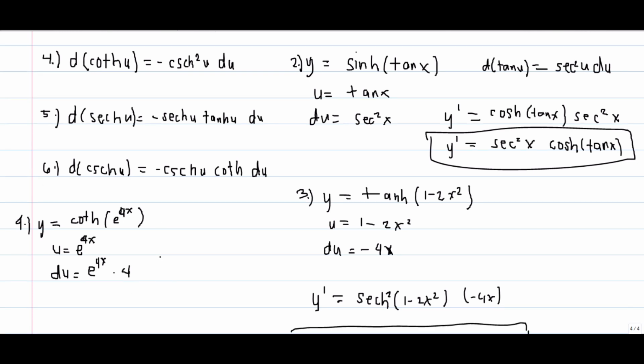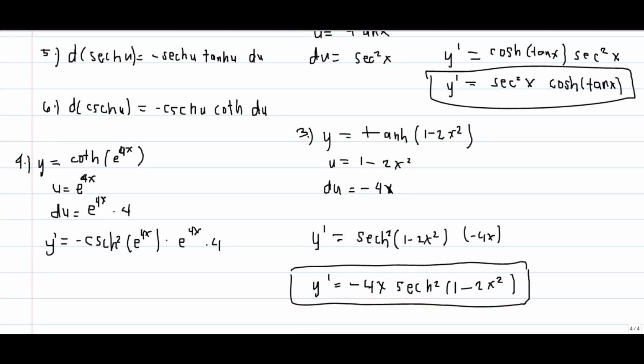So therefore our first derivative is equal to csch squared, where u here is e to the power 4x, then times du, which is e to the power 4x times 4.